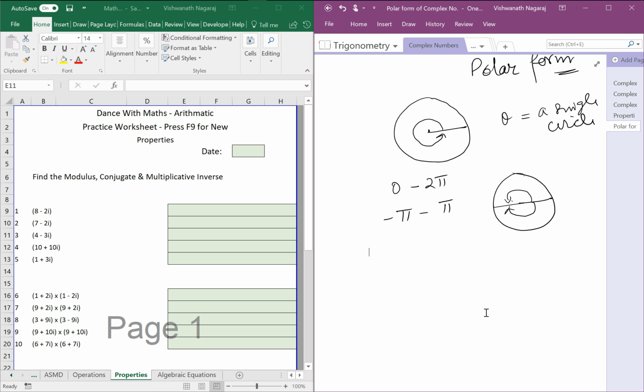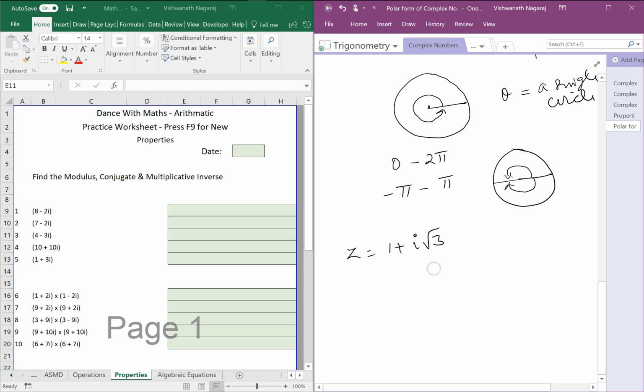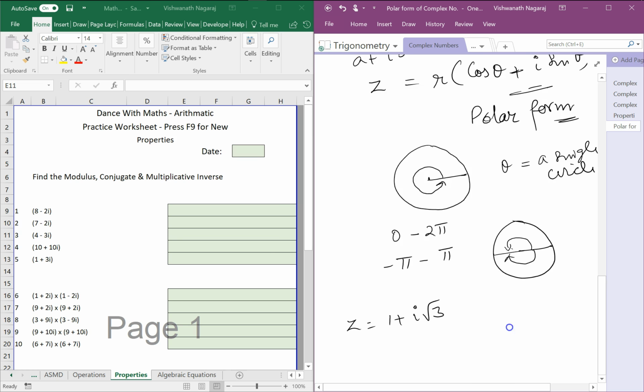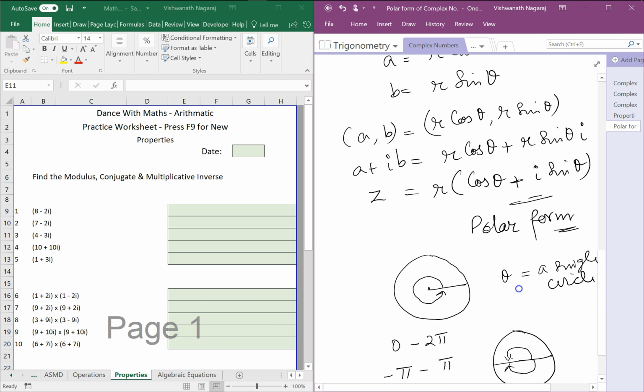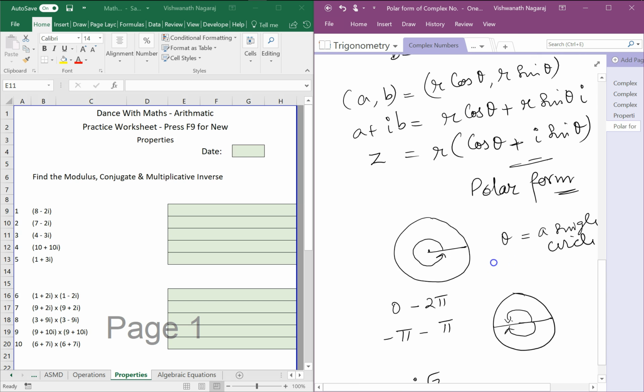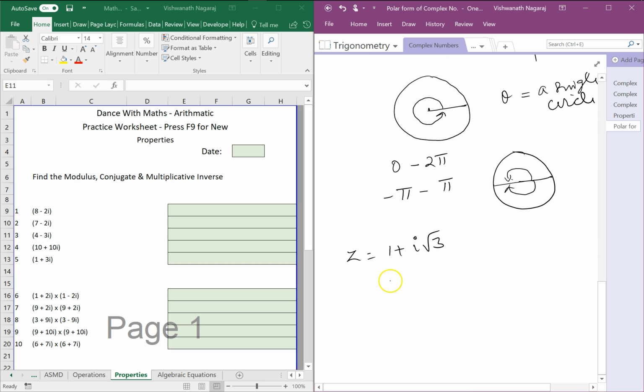Okay, let's see how to represent 1 plus i root 3 in the polar form. Right, now we know that a can be represented as r cos theta. In case of a plus ib, a is nothing but r cos theta.